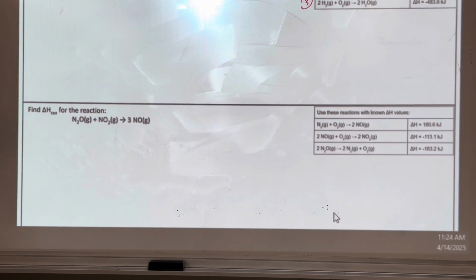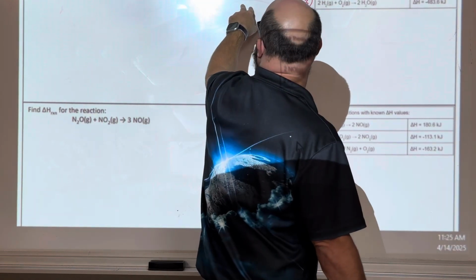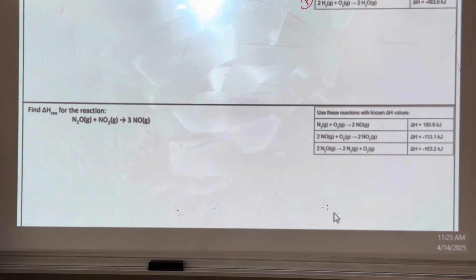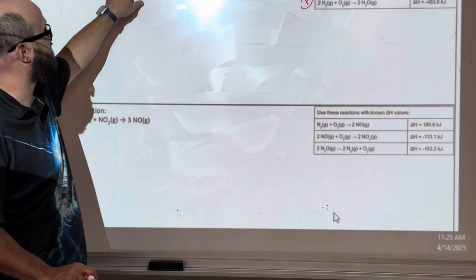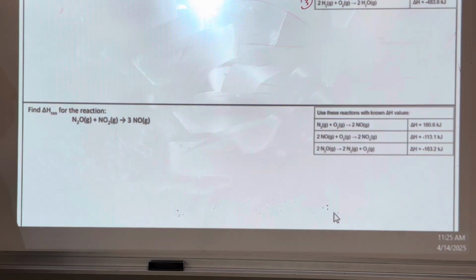You got 3 steps. Step number 1. What matches up? Let's see. We've got NO on the product side, but it's twice, right? Because we had 2 there, there's 4 here. So we're going to multiply number 1 by 2.